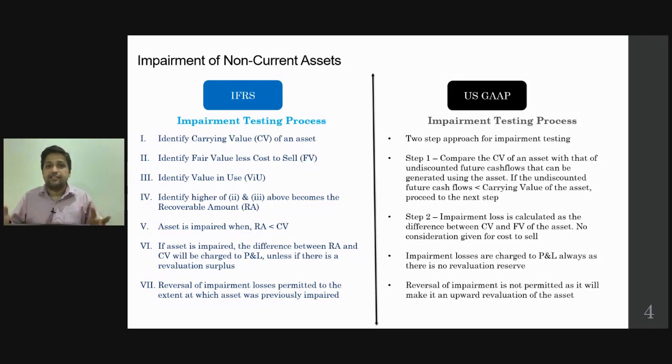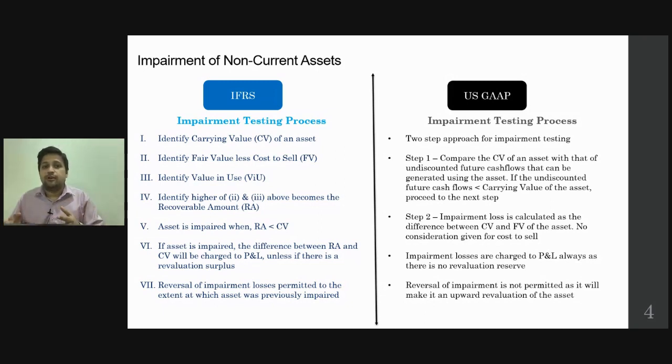Before getting into the differences of impairment testing between US GAAP and IFRS, let's try and understand what we mean by impairment losses. An asset is considered to be impaired when its recoverable amount is below its carrying value, meaning that you have simply overstated the value of your assets in the balance sheet. And that is why impairment testing is important when you are using historical cost accounting, to ensure that you do not overstate your assets' value in the balance sheet.